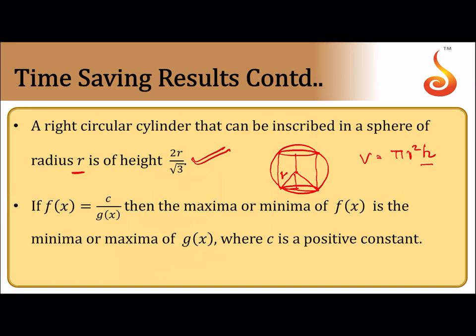So once you know the height of a cylinder, you can find the volume also. Volume is pi r square h. Once you know the height, you can find the radius of the cylinder also. This will be r by root 3, and obviously this is r.